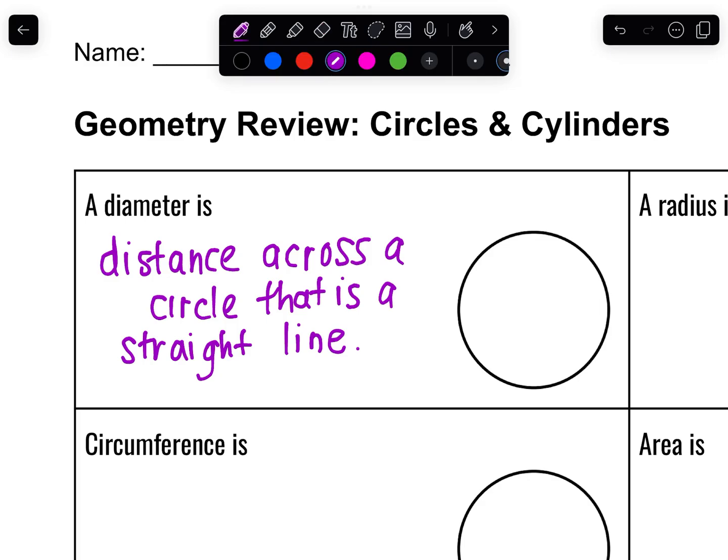Let's just go with this straight line. We're going to go straight across the circle. Now, just to show this in reference with other colors, diameters can go through that way. We could draw another diameter going through that way. The main point of it all is that it has to go through the point that is the center of the circle.